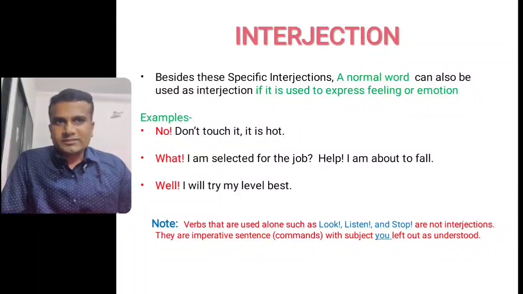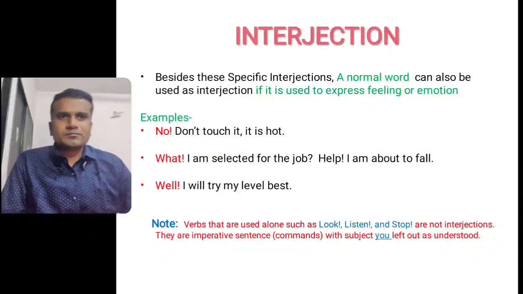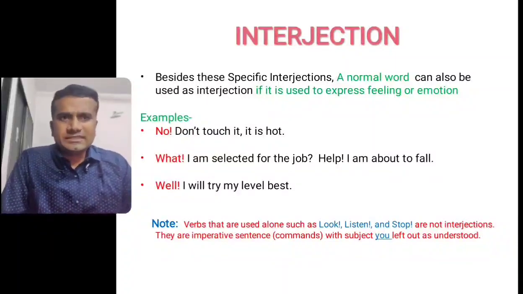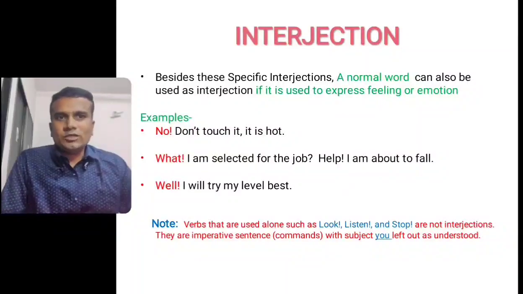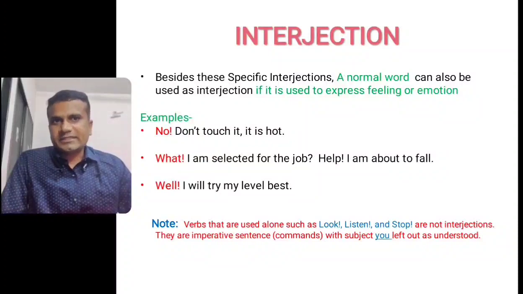Here the subject you is left out as understood. So we should not misunderstand that look, listen and stop are interjections, but they are imperative sentences. Here the subject is hidden. The subject in these imperative sentences is you, which is hidden.